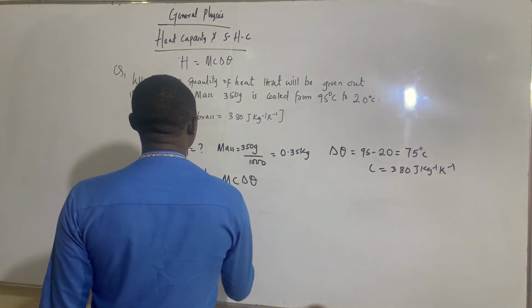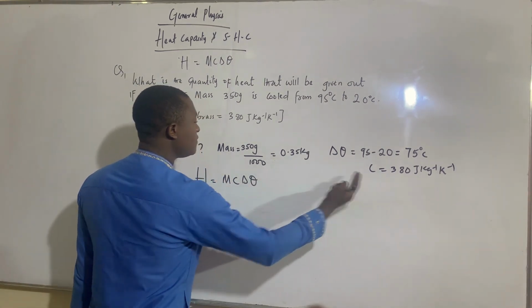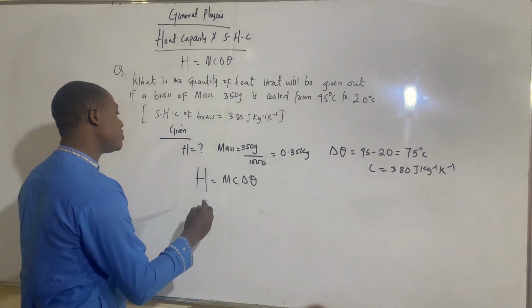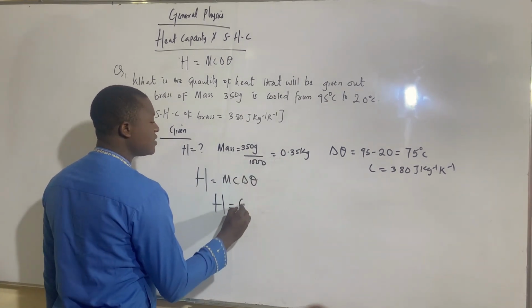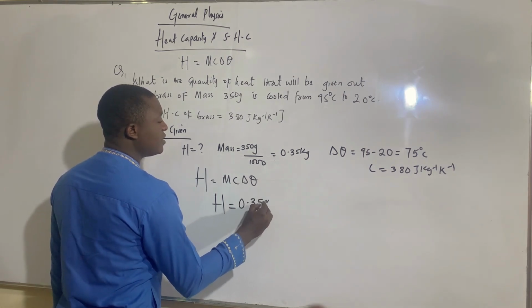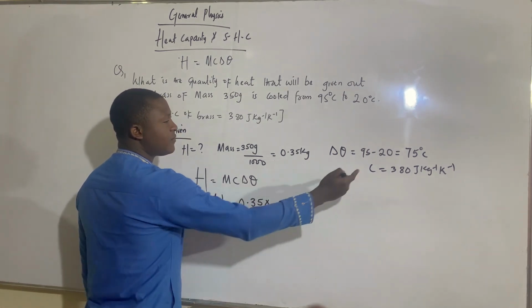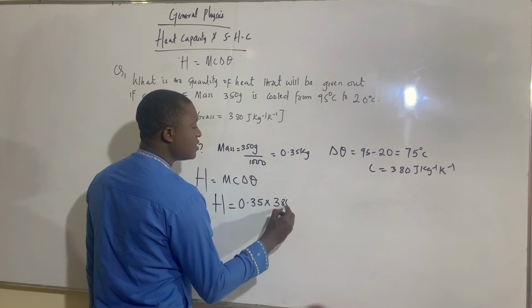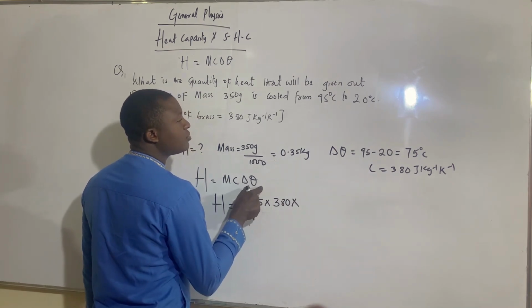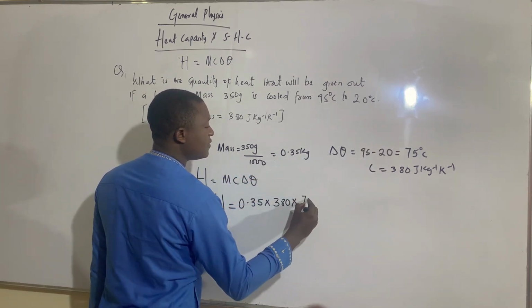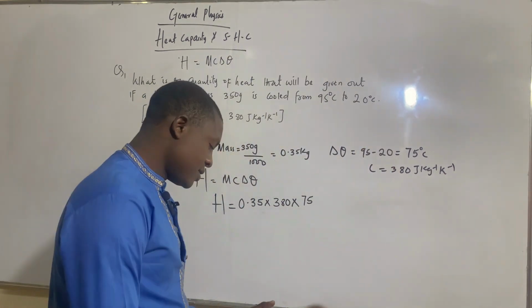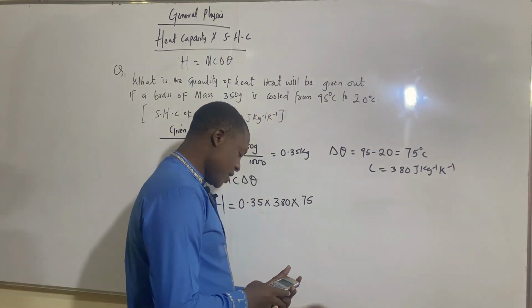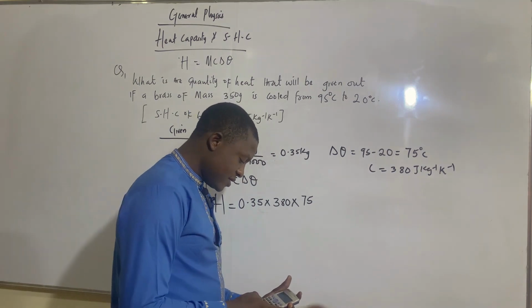Now we have the mass, we have the value of C, and we have the value of change in temperature. So here I can have heat is equal to our mass, 0.35, multiplied by our C that we have from here, 380, multiplied by our change in temperature that we are given there, 75. Now let's take the values and multiply the three values. 0.35, 380, 75.